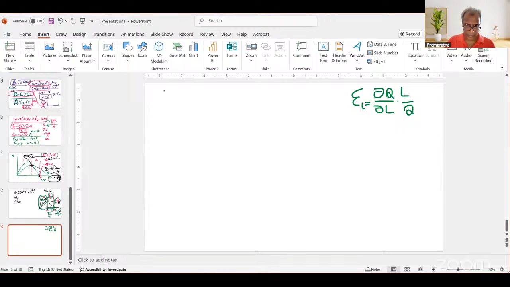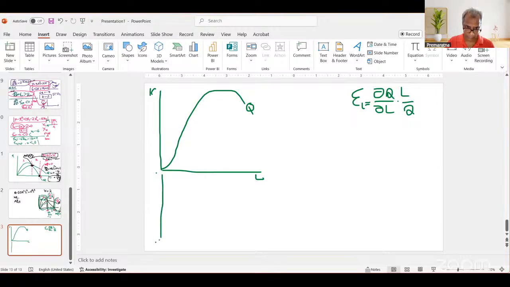Now look at the production curves we draw. First I draw the total production, then I draw the marginal and average production curves.